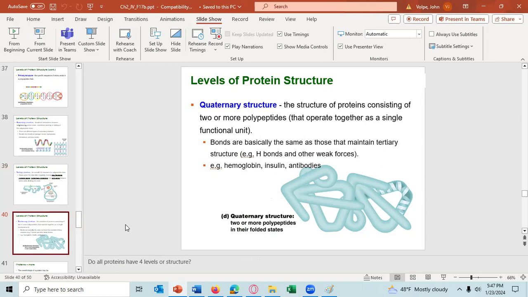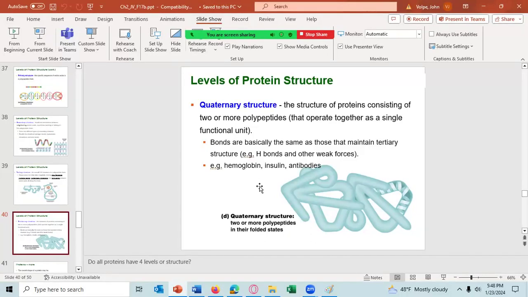And all of the forces of attraction that we discussed in the secondary level and then in the tertiary level can happen in the quaternary level. So for example, let's say this is an antibody or hemoglobin.